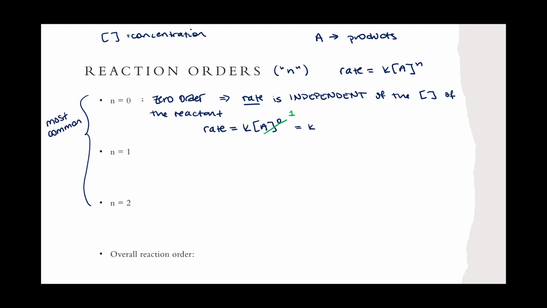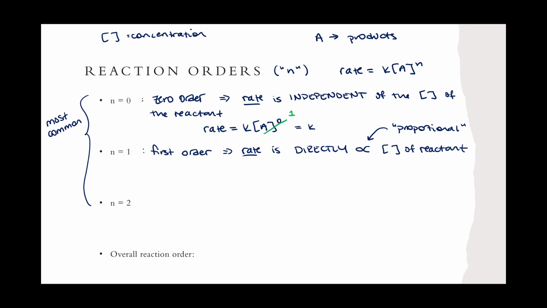If we had an n equals 1, this would be first order. And not any fancy names here. This is saying that the rate is directly proportional. This symbol is a proportionality symbol. I'll say proportional in quotes. So this is saying that the rate is directly proportional to the concentration of the reactant.